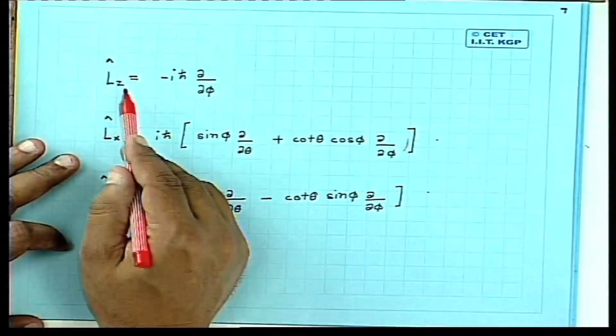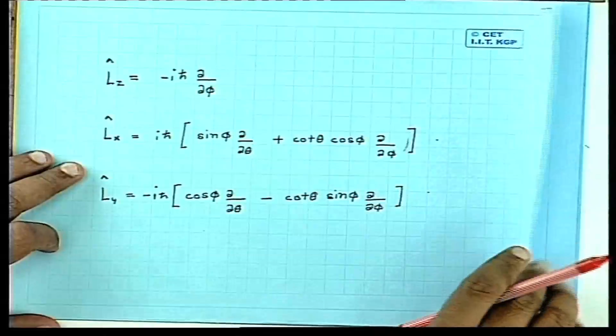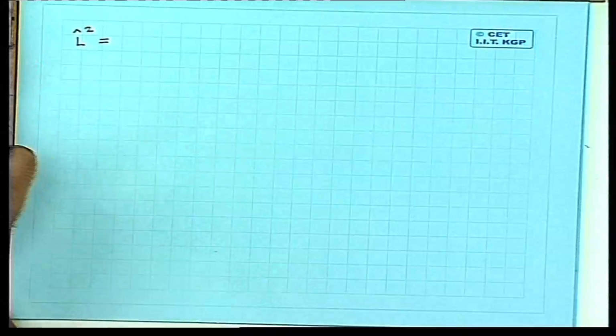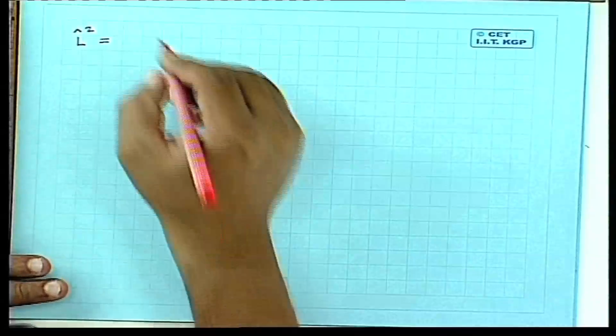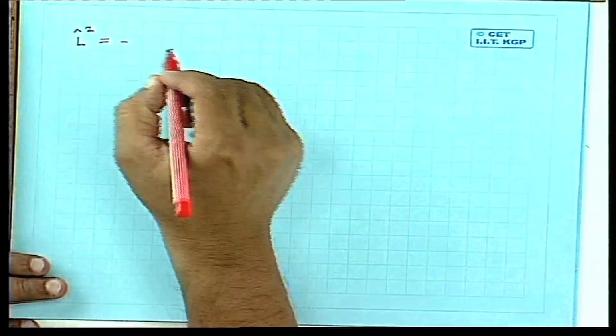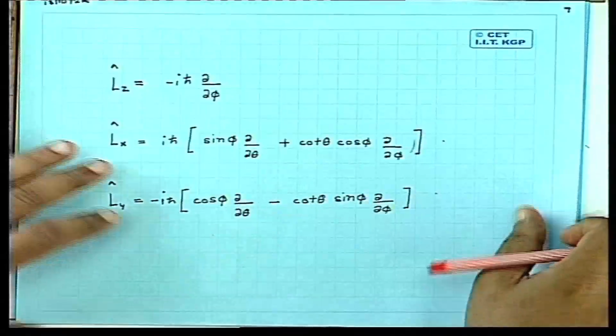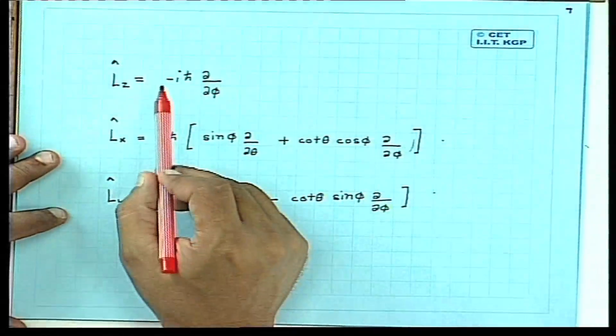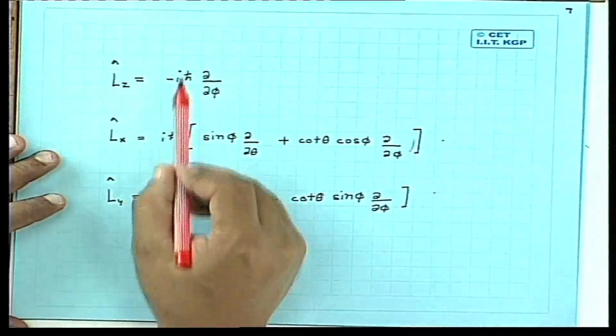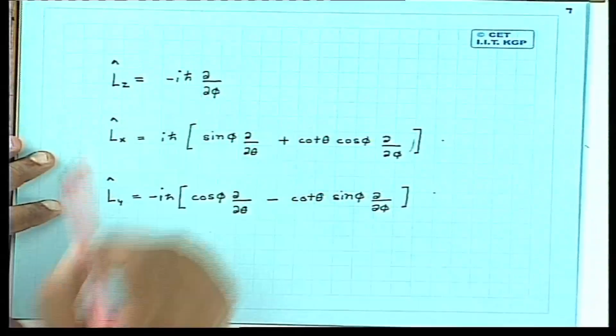We had set out to do this in the last class, so let us start afresh and finish it off today. The first term, Lz squared, gives us: each of these terms has an i h cross outside. Irrespective of whether there is a minus or plus sign, when I square it, I get minus h cross squared.